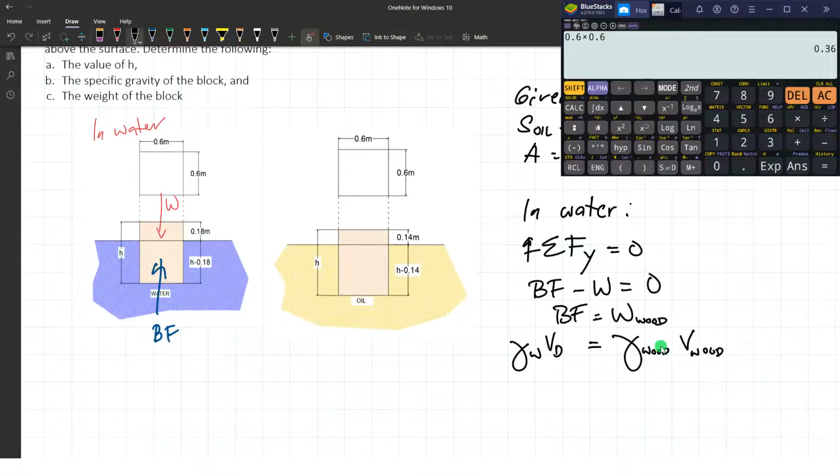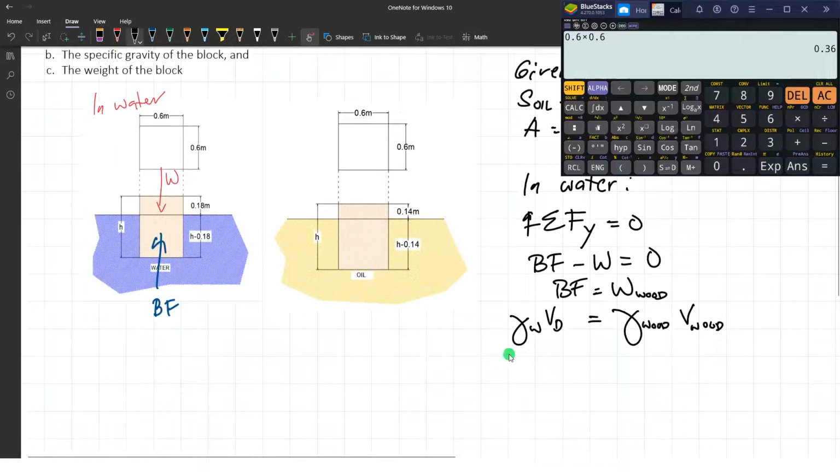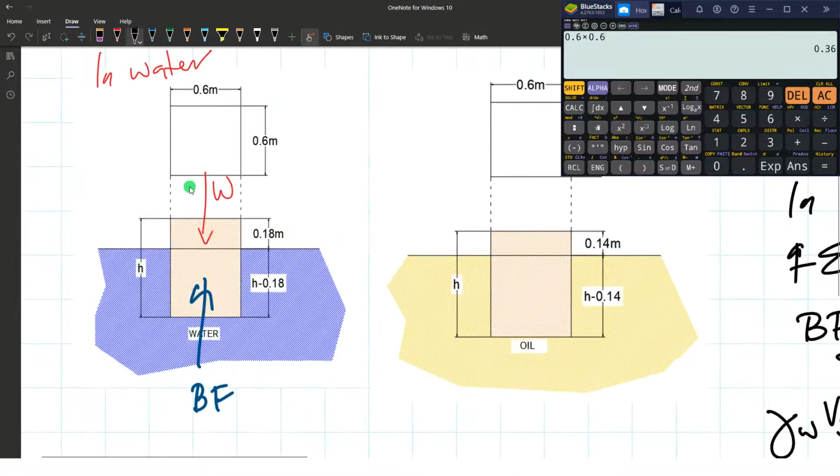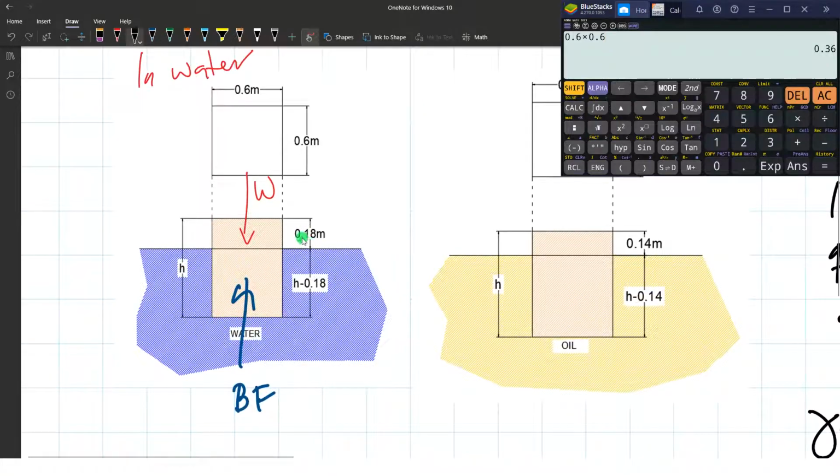Based on the dimensions given, if we're going to determine the volume displaced, it is said there that the projecting distance from the water surface is 0.18. So if we have a total depth of h, the distance from the liquid surface to the bottom of this block of wood is h minus 0.18.